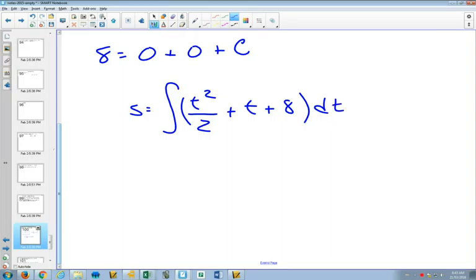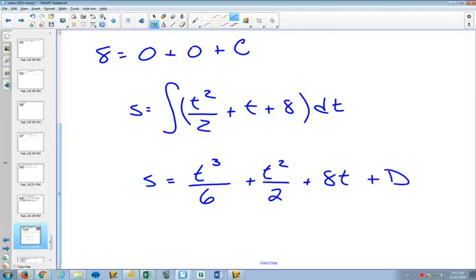So again, integrating, add 1 to the exponent, divide by 3, which gives us t cubed over 6, t squared over 2, and 8t. I'm going to use the letter d this time because I used the letter c last time, when we figured out c was 8. When you're working within the same question, you don't want to reintroduce a variable twice, because we already figured out c was equal to 8, and this value may not be the same.